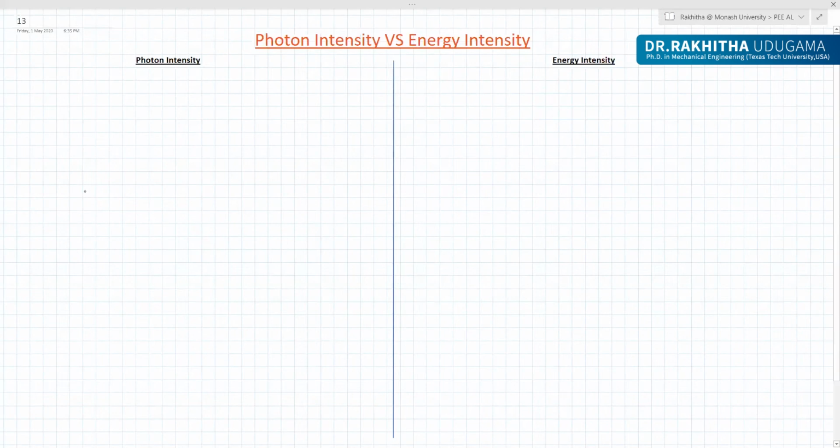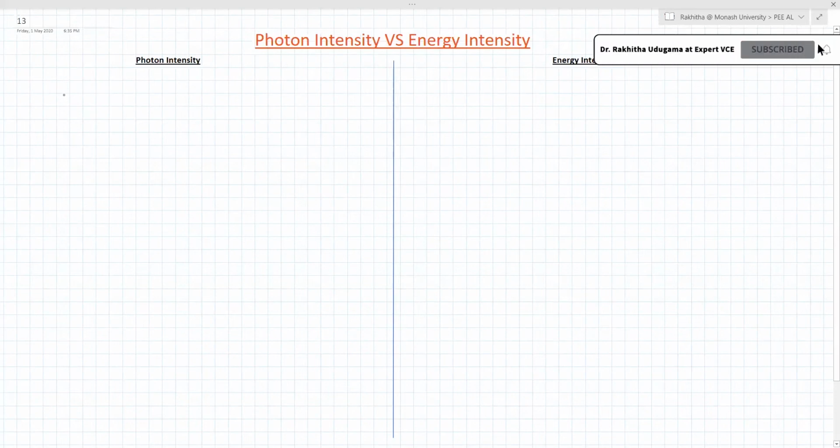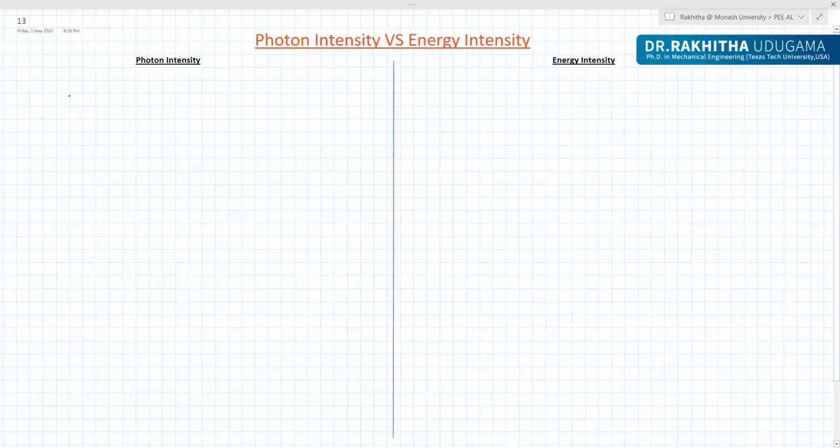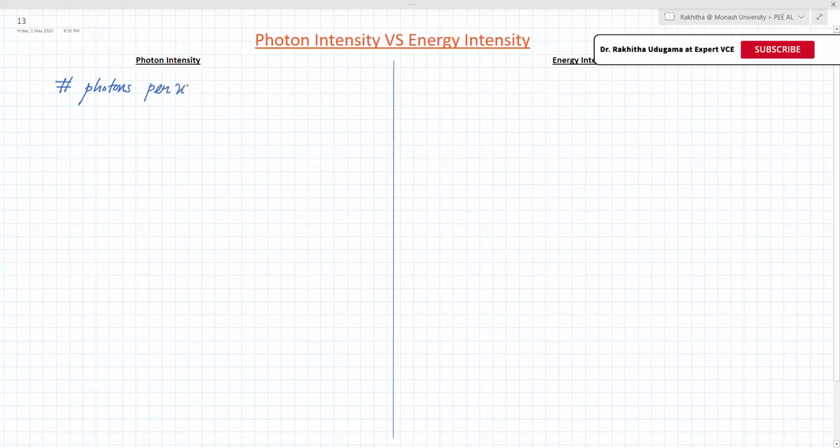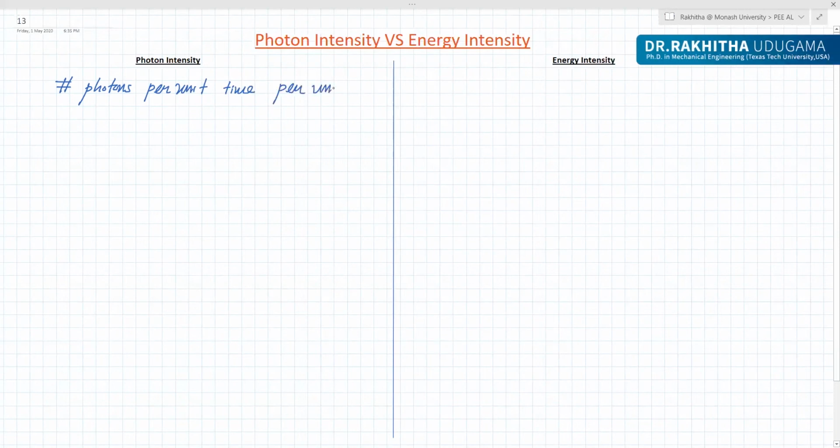So first of all, we will understand what photon intensity is. This is nothing but the number of photons per unit time per unit area, right? So we have to understand this clearly.